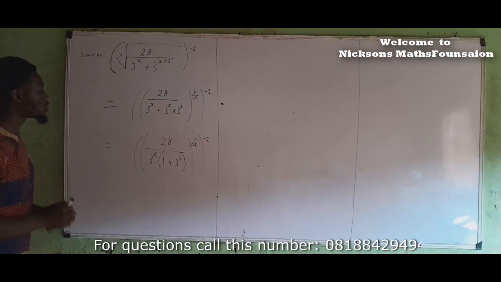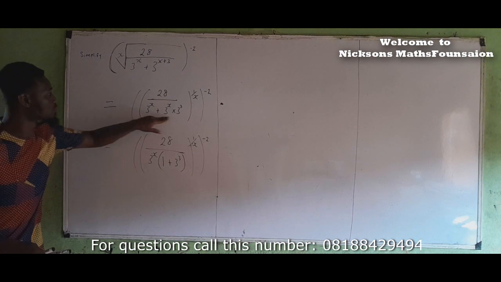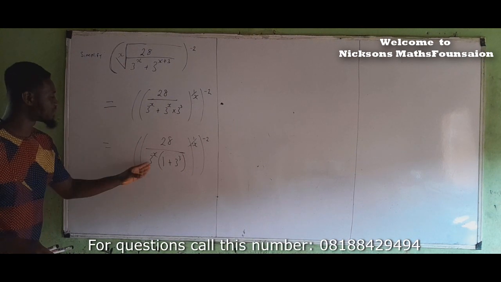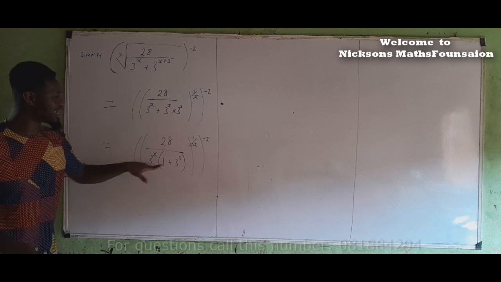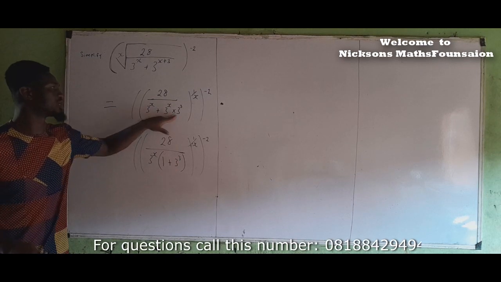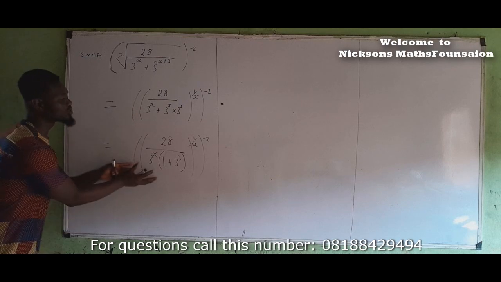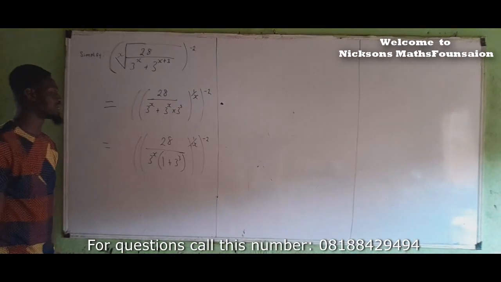So you know, if I expand, I'm going to have what I have here. And if I expand this, 3 raised power x times 1, that will give me this. 3 raised power x times 3 raised power x plus 2, that will still give me this. So what I've just done here is just simple factorization.